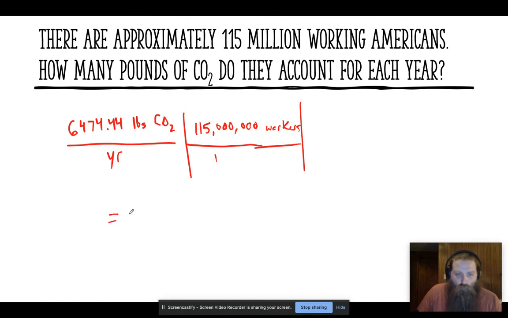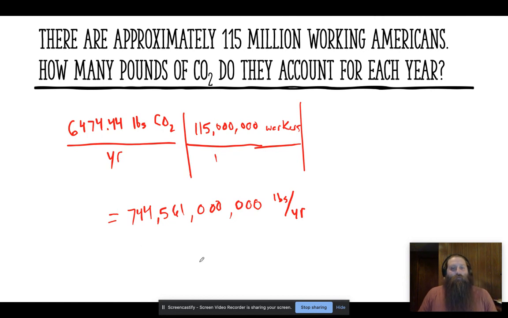Here's what that is equal to. 744,561,000,000 pounds per year. So that is hundreds, thousands, millions, billions, right? 744,561,000,000 pounds of CO2 enter the atmosphere from just our cars, just driving back and forth to work every year.